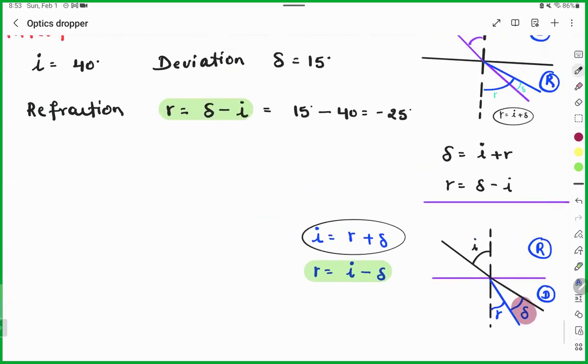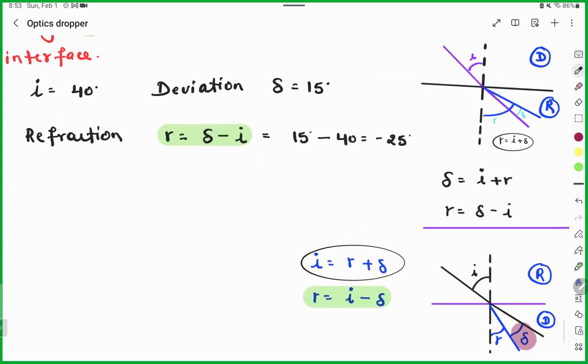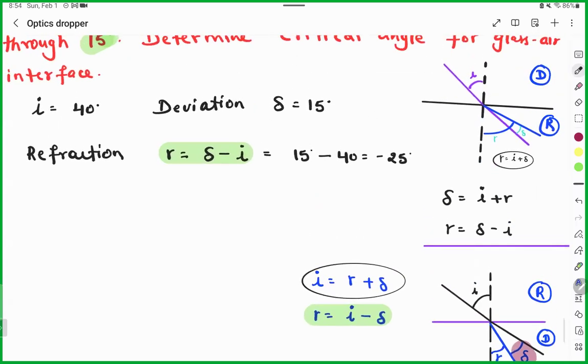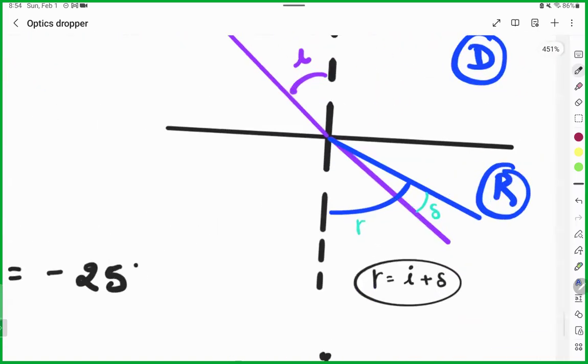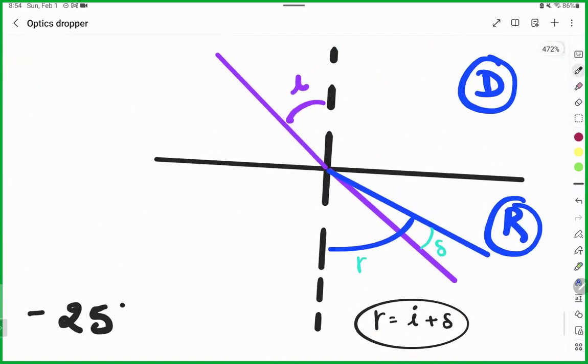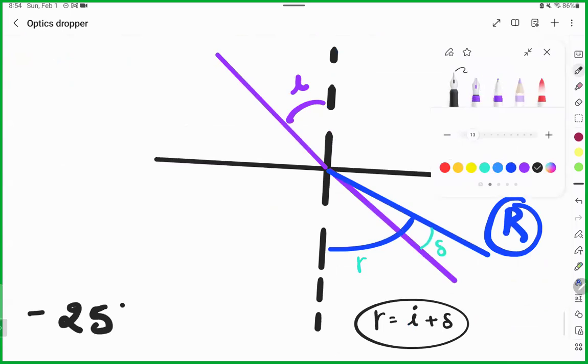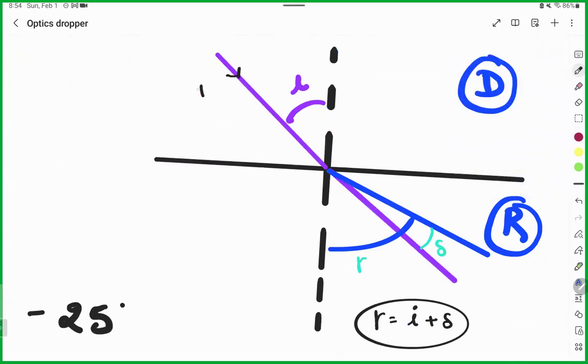Anybody have doubt in this case? Can you diagram and explain it again? Yes, I told you, you will face issue in the sign or direction. In this case, you have this incident ray, IR. This incident ray should go in a straight line, this violet color line.